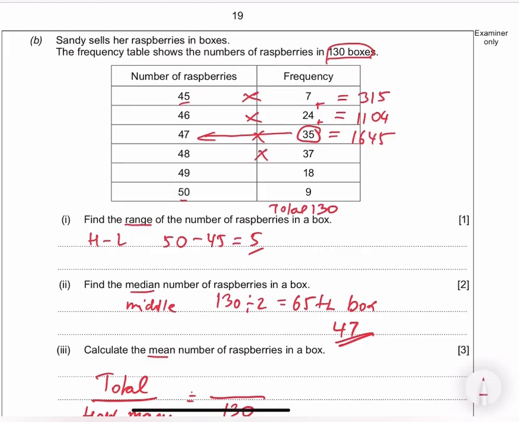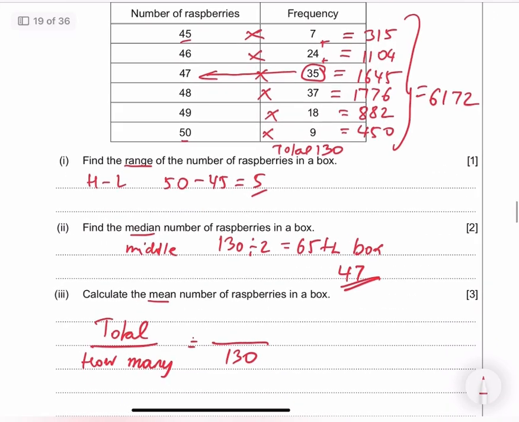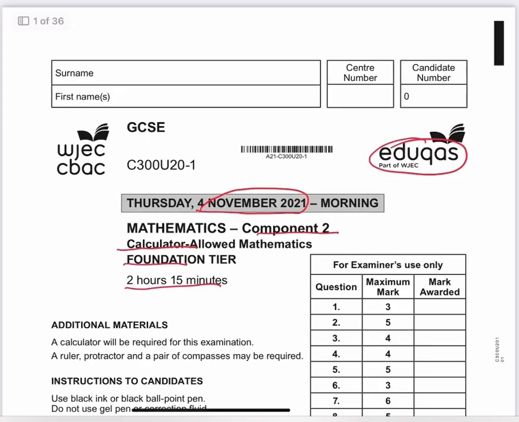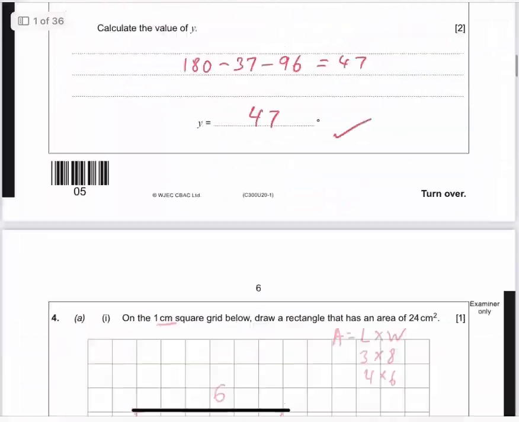It's 45 times 7, because there are 7 boxes with 45 raspberries each. Then 24 boxes with 46 raspberries each. So find the little subtotals first. Okay, then add all these numbers up. That will give you 6,172. Oh, I lost the page here.